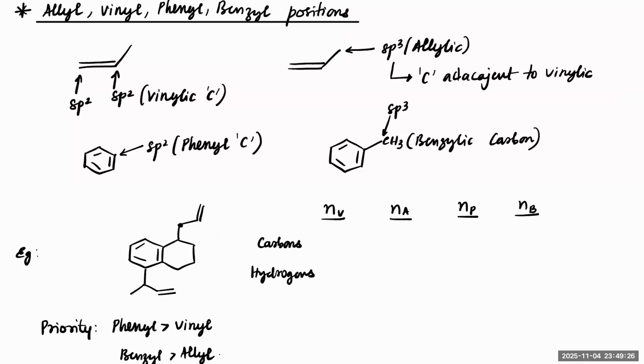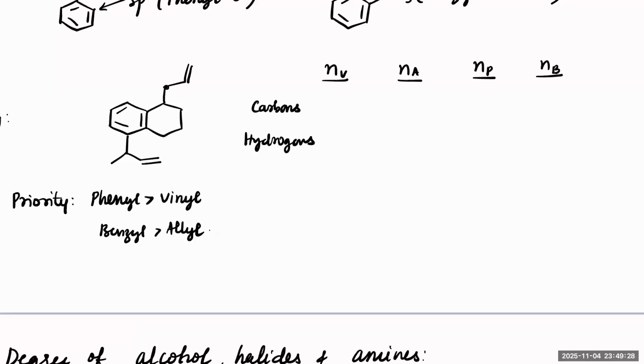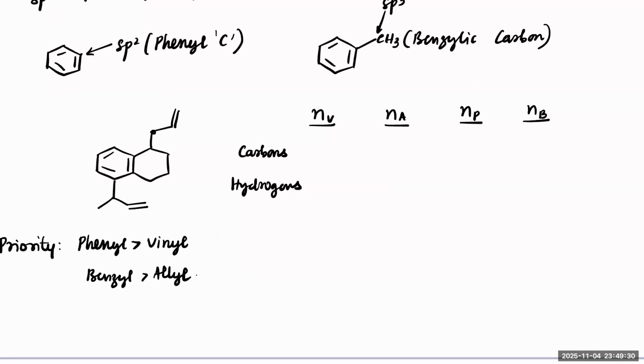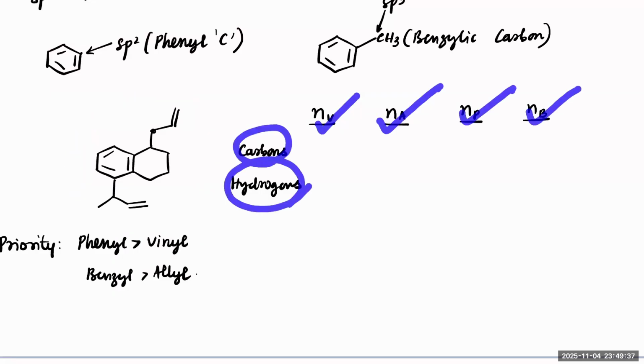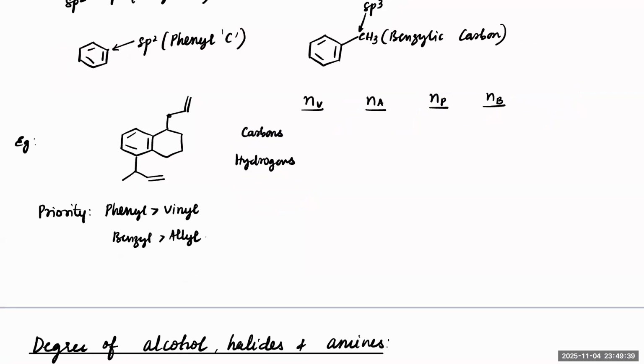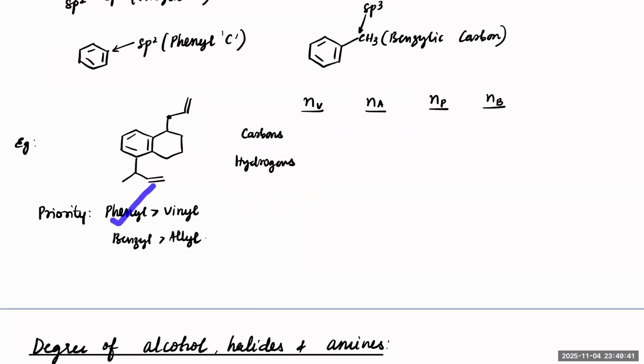Okay. So let's see. Take a pause and check out this question. For this question, you need to find out how many vinylic, allylic, phenylic, benzylic carbons and hydrogens you have. And listen, whenever there is a phenylic group present, you do not consider it simultaneously as vinylic. And whenever there is benzylic present, simultaneously don't consider it as allylic.